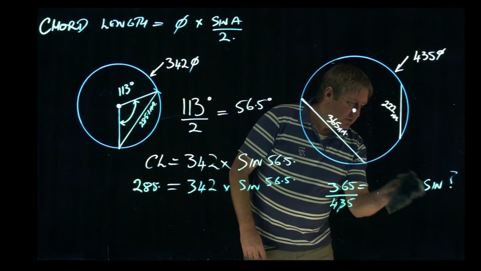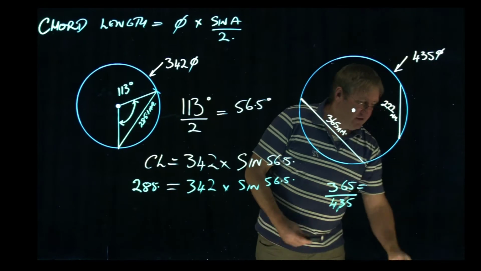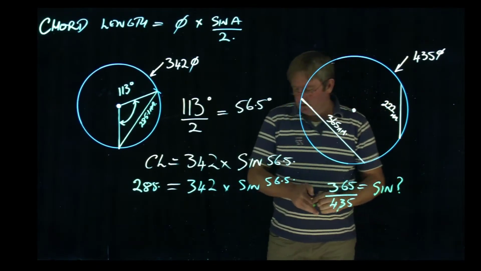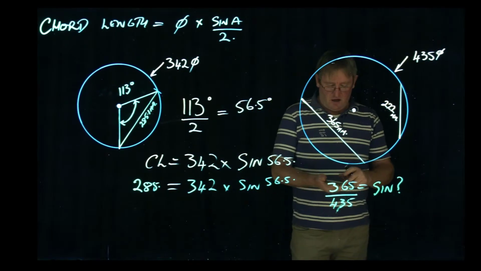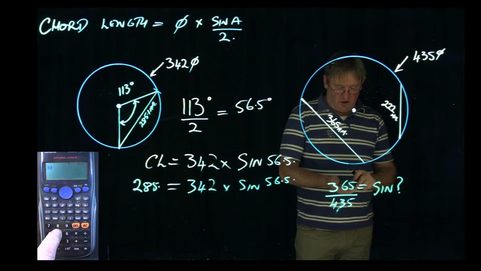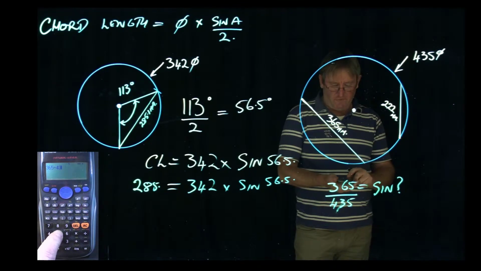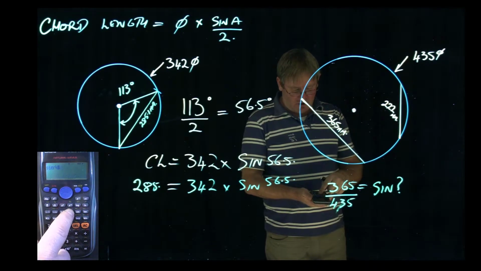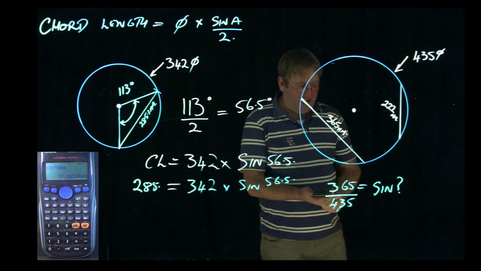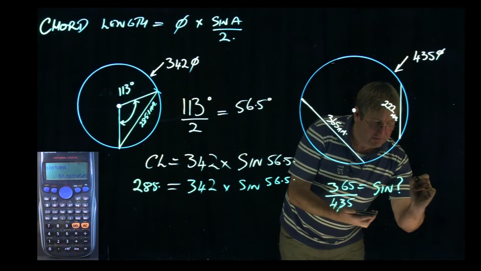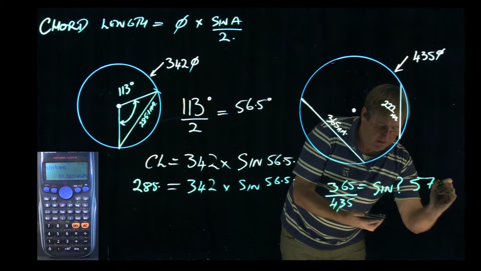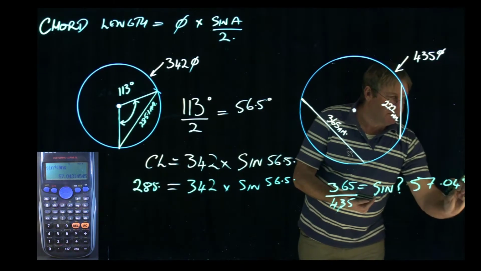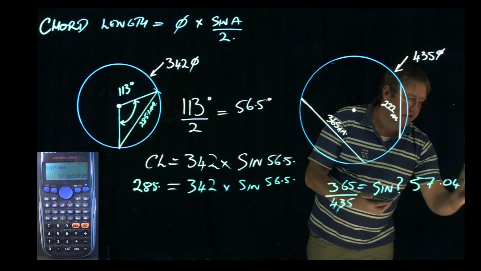And that would equal, if I can rub this out because the ink is probably still a wee bit wet. So what I would do on the calculator at that point, I would take my 365 divided by 435, and then I have to push the shift button and the sine button, and that gives me, in this case, 57.04 degrees.